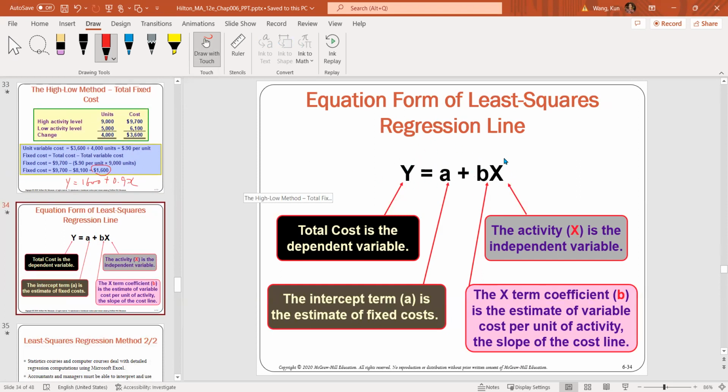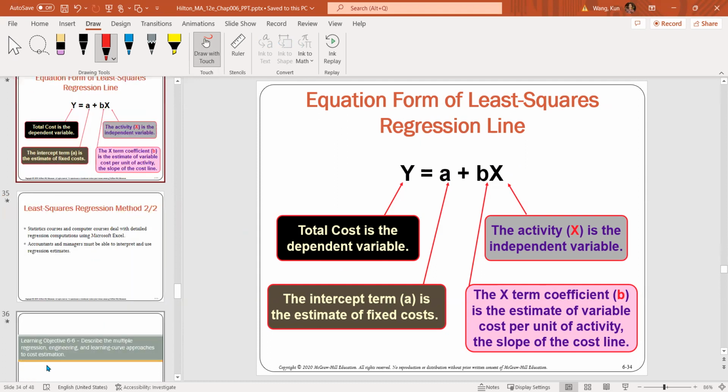And now finally, for more accurate historical analysis, we can use least squares regression, run by computers. So we can see this quickly, explaining the components.